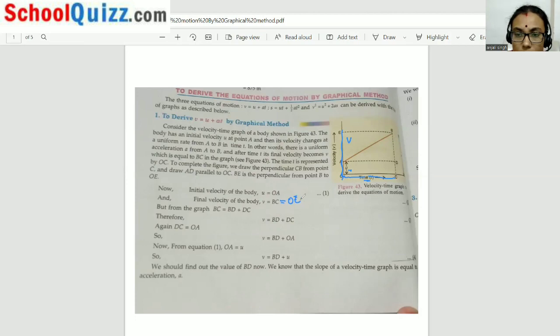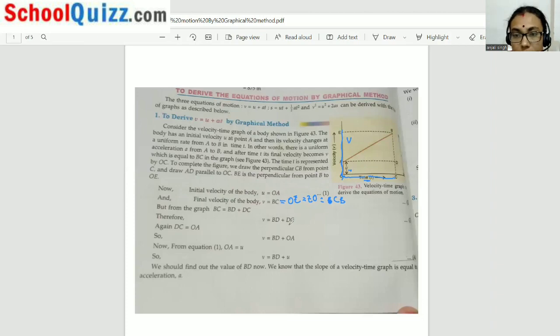You can say it OE, EO, BC, sorry, CB. Everything, all are correct. Clear? So from the graph, BC is equal to BD plus CD. BC is actually divided in two parts, CD plus BD. Clear? So I'll write it as V is equal to BD plus CD.